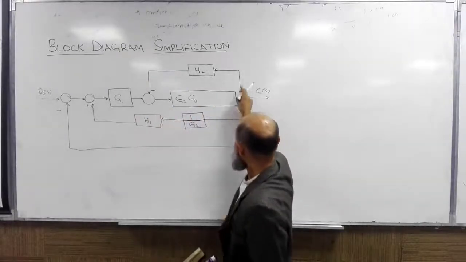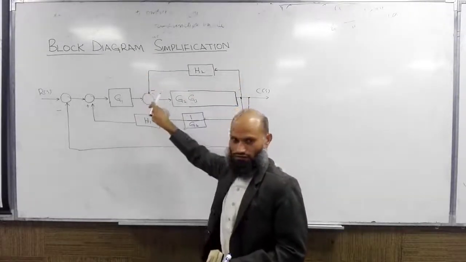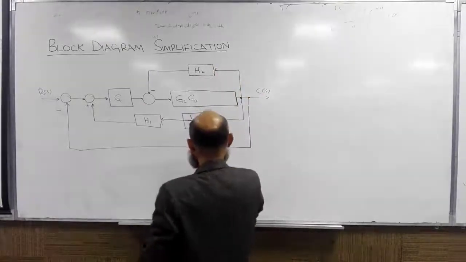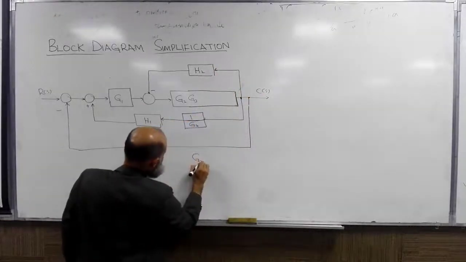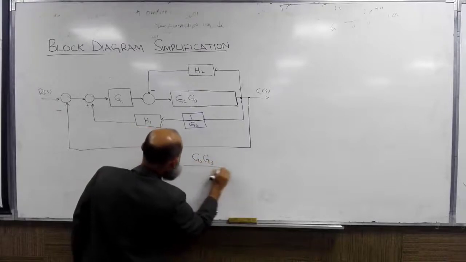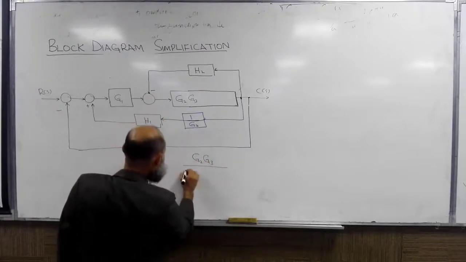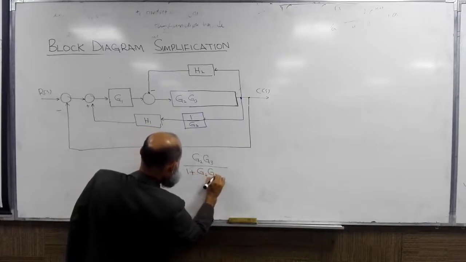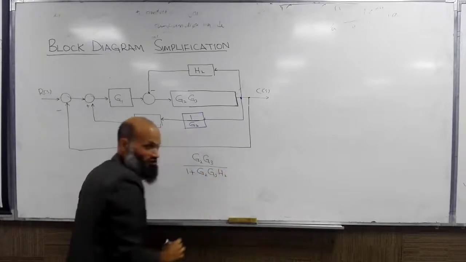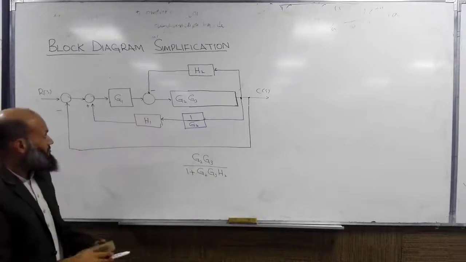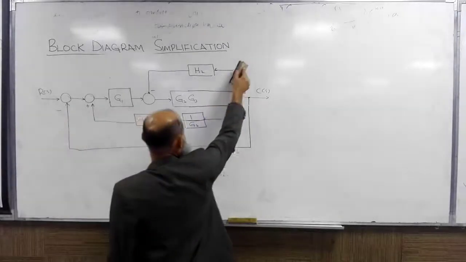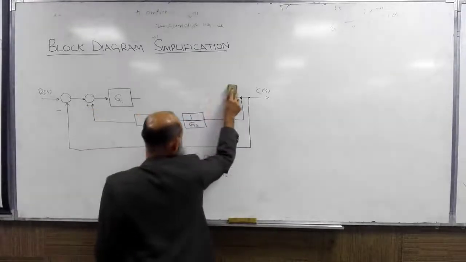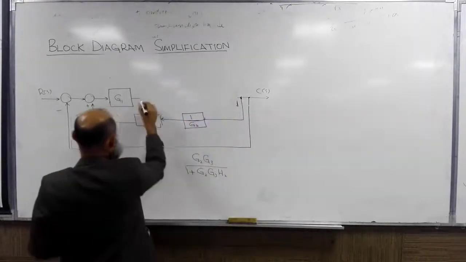Here we have a feedback combination, and for a feedback combination this block will be replaced by the forward transfer function divided by, since it is negative feedback, 1 plus the forward transfer function into the transfer function in the feedback path. So we replace this block with this transfer function.